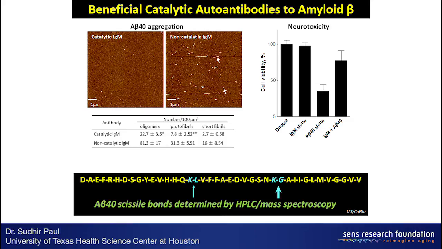In the presence of the catalytic IgM you do not see the fibrils and the oligomers, indicating that there is retardation of aggregation, and preformed aggregates are also broken by the catalytic antibodies. The toxicity of the amyloid peptide in tissue culture is blocked by treatment with the catalytic antibody, as shown on the right side.